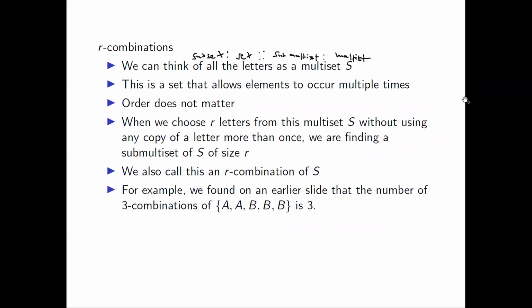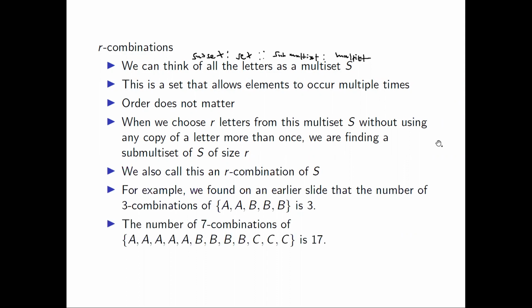And for example, these are some of the R combinations we've done on the previous slides. We found that the number of 3 combinations of the multiset A, B, B, B is going to be 3. We also found that the number of 7 combinations of the multiset with 5 A's, 4 B's, and 3 C's is 17. So these are some R combinations that we did on the previous slides.